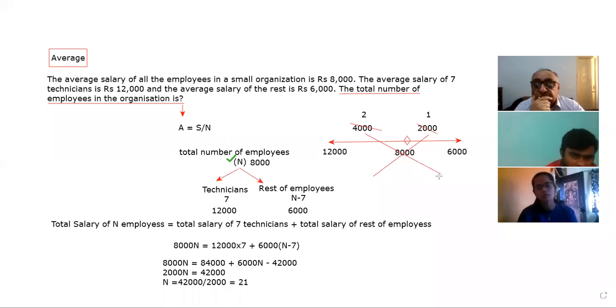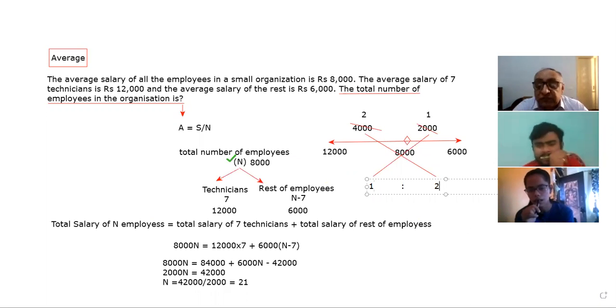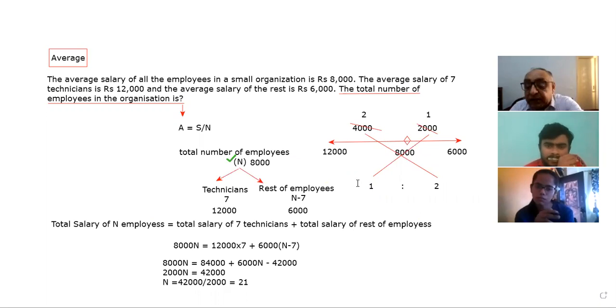Cross means the ratio of the employees, that is 1:2. So 1:2 means the number of other employees is double the number of technicians, because 12,000 represents the average of technicians in this question.